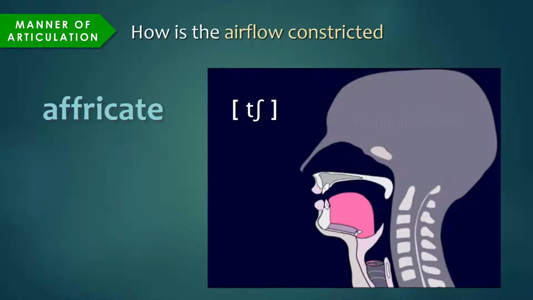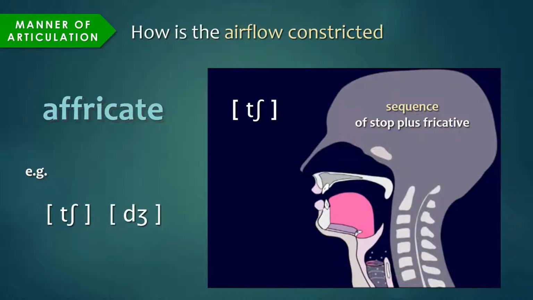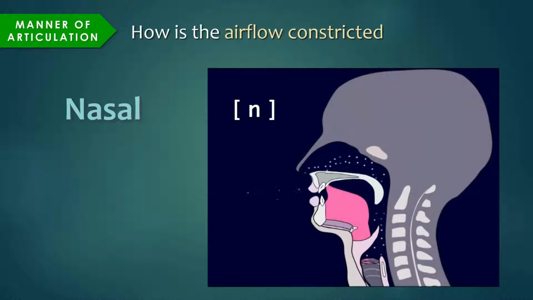Affricates result from a sequence of stop plus fricative in rapid succession. So the affricate ch represents t plus sh, just as the affricate j results from d plus zh. Nasal sounds are produced when the velum is lowered, allowing air to pass through the nasal cavity, such as m, n.